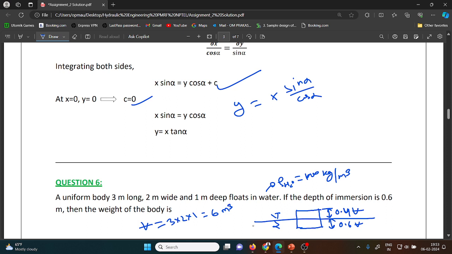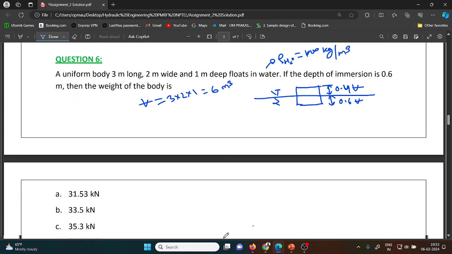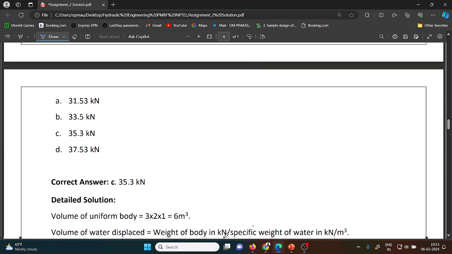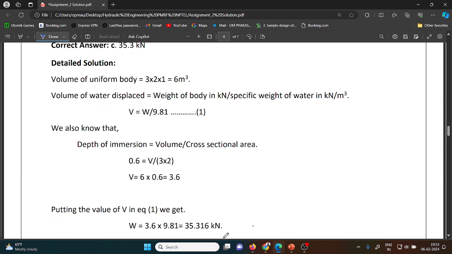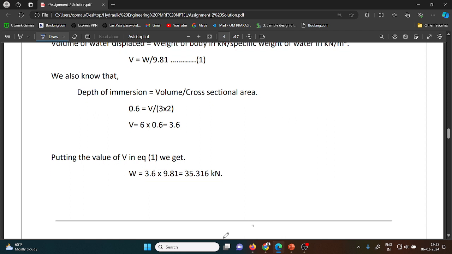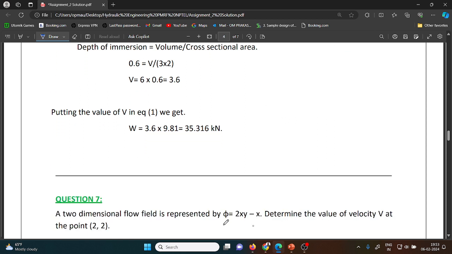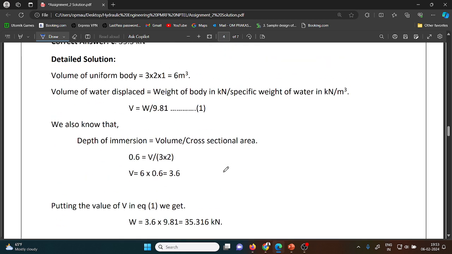If you apply the Archimedes principle, then you can easily calculate. Let me show the answer. Is the answer visible?